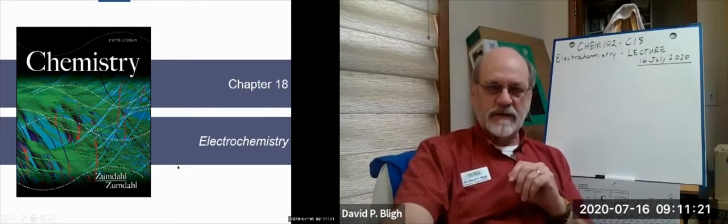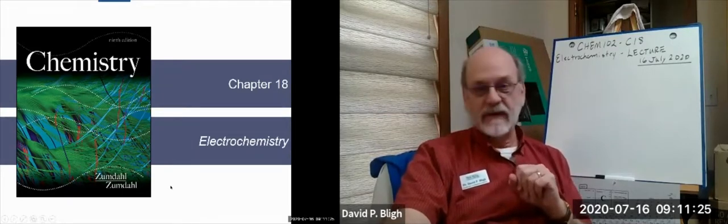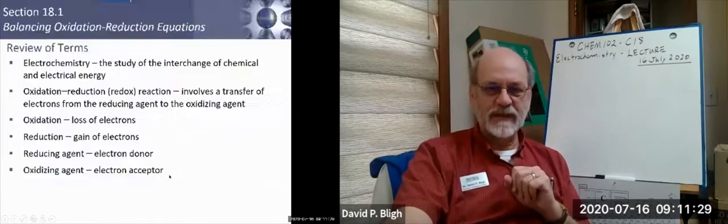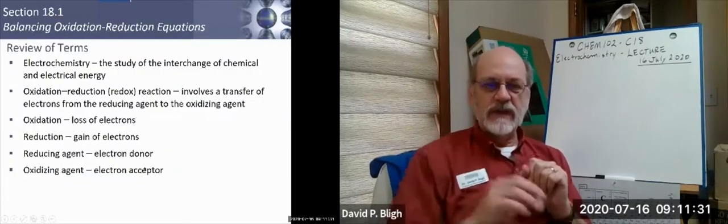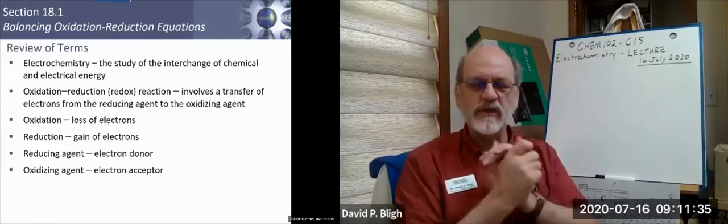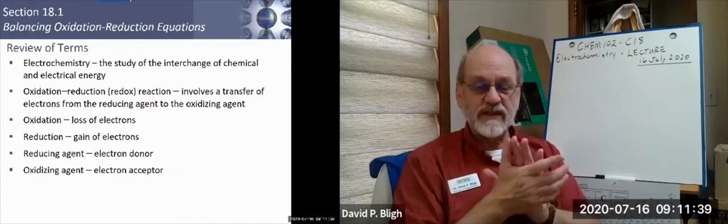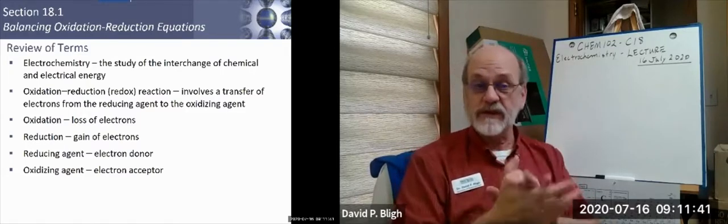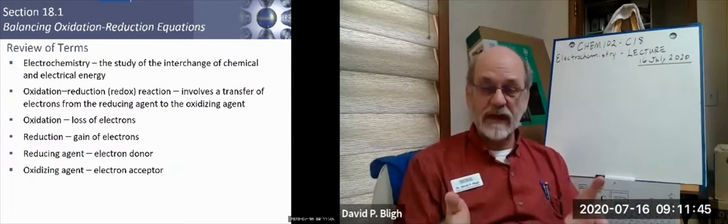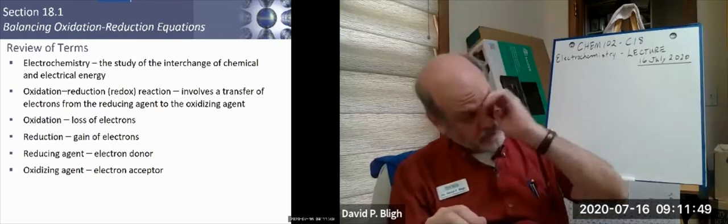But of course, as you may suspect or even fear, there's more to electrochemistry than just the name. We need to review some terms because we're going to be using some words that may be unfamiliar to you. Besides the fact that electrochemistry is the study of chemical changes that involve electrical energy changes as well.